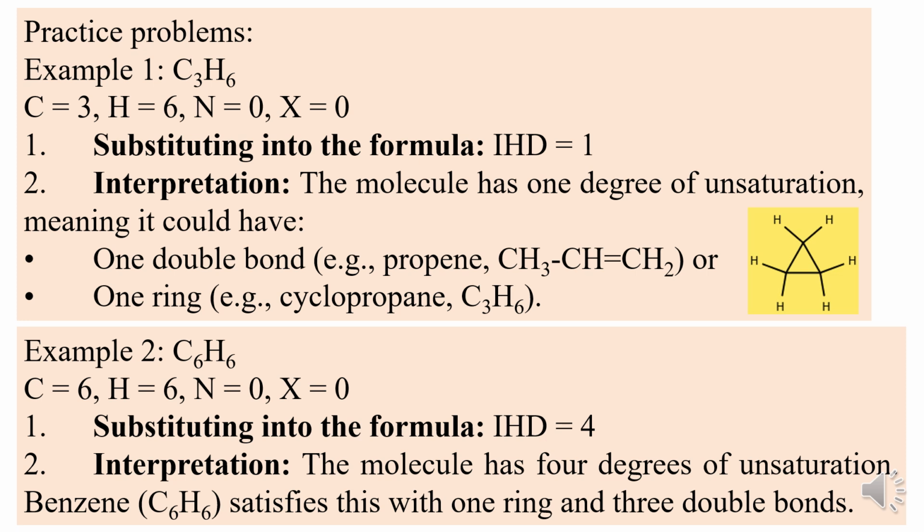The benzene ring satisfies this IHD value of 4 because it has 1 ring and 3 double bonds, totally accounting for IHD value of 4. So benzene has 1 ring and 3 double bonds in the aromatic ring.